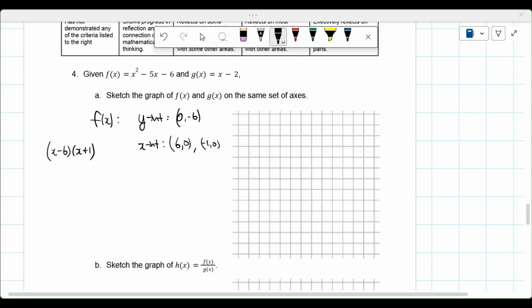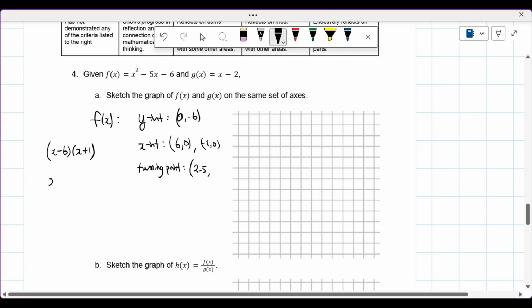And then another thing that I know about this function is that we have a turning point, which is in the middle of the two x-intercepts. So it's going to be the middle of 6 and negative 1, which is 2.5.